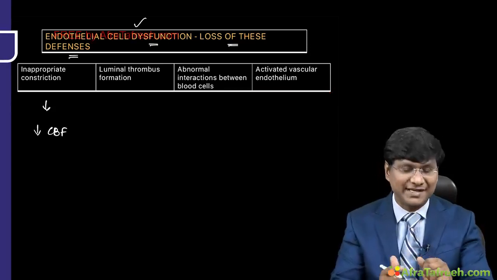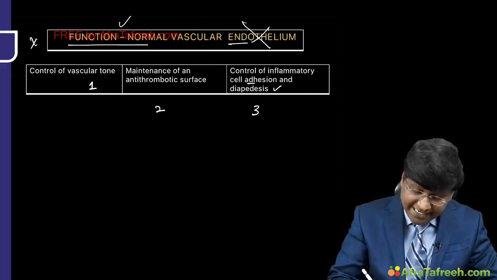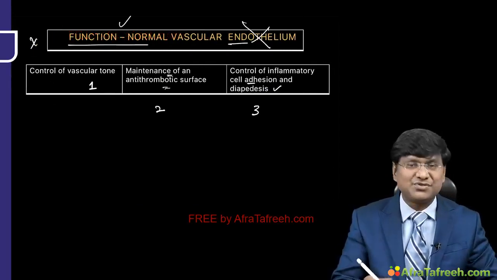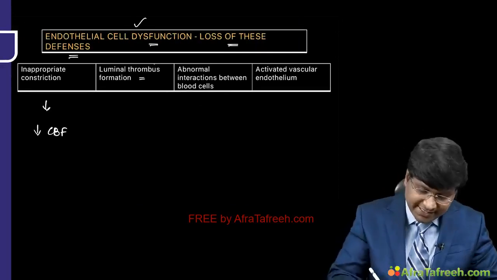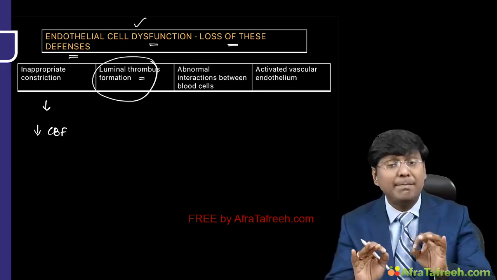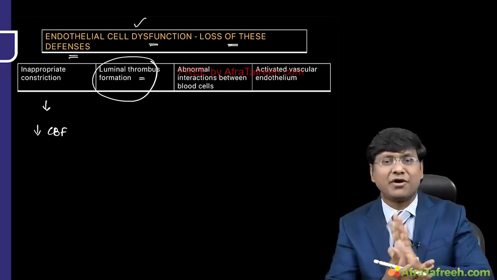And second, there is loss of the antithrombotic surface maintained by the vascular endothelium. So once the endothelium is damaged, luminal thrombus formation occurs.